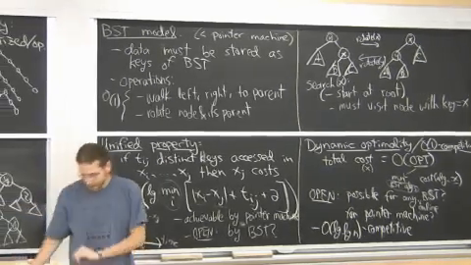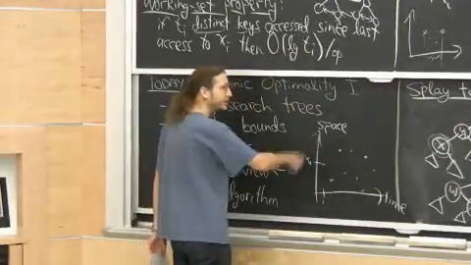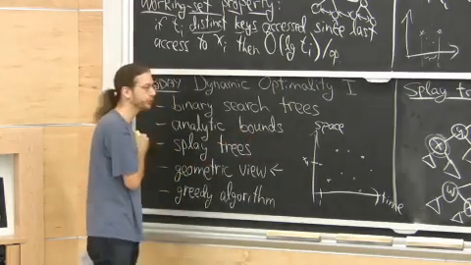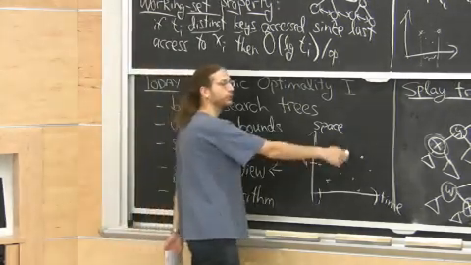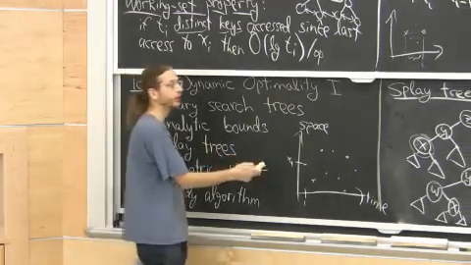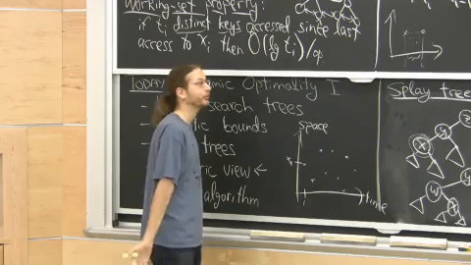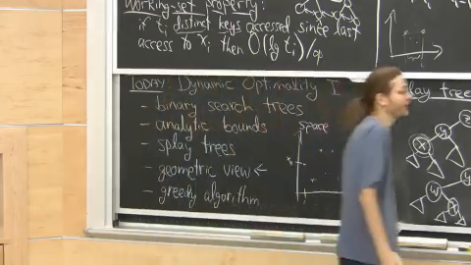So what the rest of today's lecture is going to be about is a geometric view, which I've kind of been hinting at with this picture, but there's more to it than just plotting the points of searches. There's a way not only to see what the searches are, but to see what the binary search tree algorithm is. So at this point, binary search tree algorithms are kind of abstract.